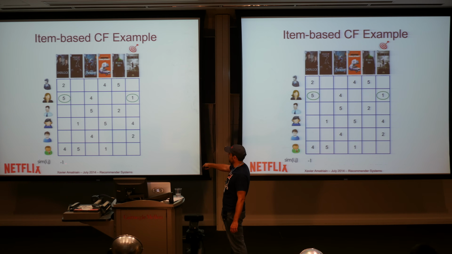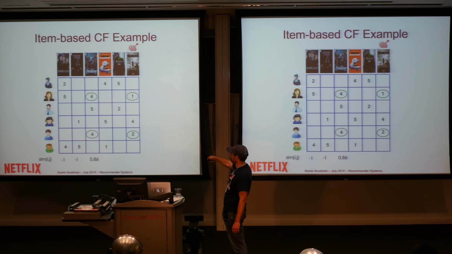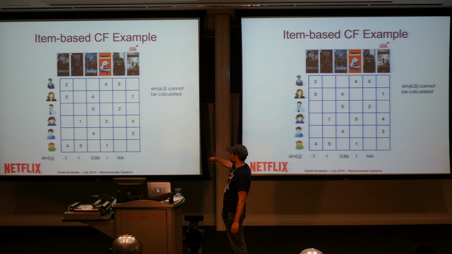And I find in this case is -1. In this case, the similarity between this item and this item is also -1. The similarity between this item and this item is 0.86. This item and this item is 1.